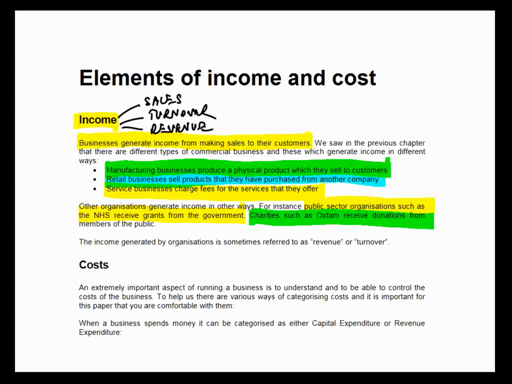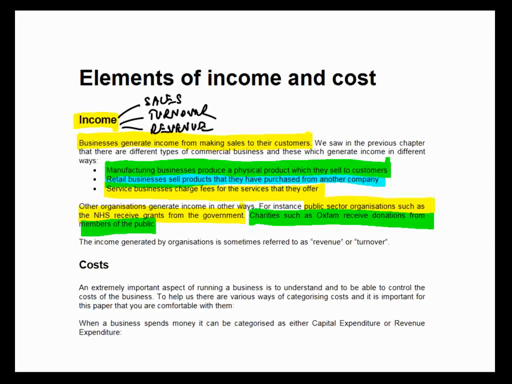Charities such as Oxfam have income from donations they receive from the public. When they have big campaigns to raise money, they'll receive donations, which is their income. They may also have a shop. You often see charity shops that sell second-hand clothes, and the money they raise would be part of their income.